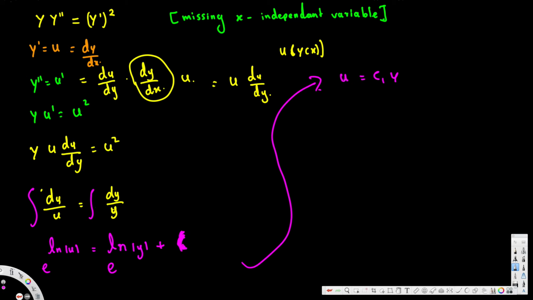Now instead of u, we can replace that with dy by dx. So this is going to be dy by dx, that's equal to c1y. Again, this is a separable differential equation, so dy by y is equal to c1 dx. Now we can integrate both sides.